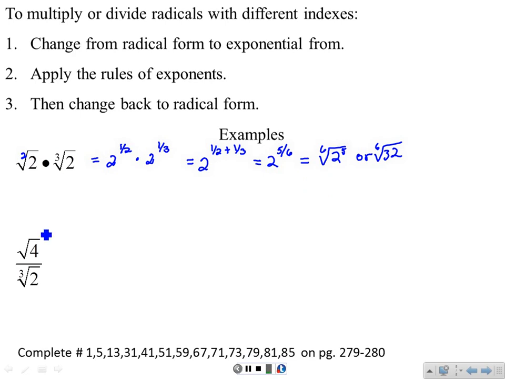Okay, this one, the bases are not the same, but I can take the square root of 4 and get 2. So this is going to be 2 to the 1st power over 2 to the 1/3 power. So when you divide powers with like bases, you subtract those exponents, so you get 1 minus 1/3.